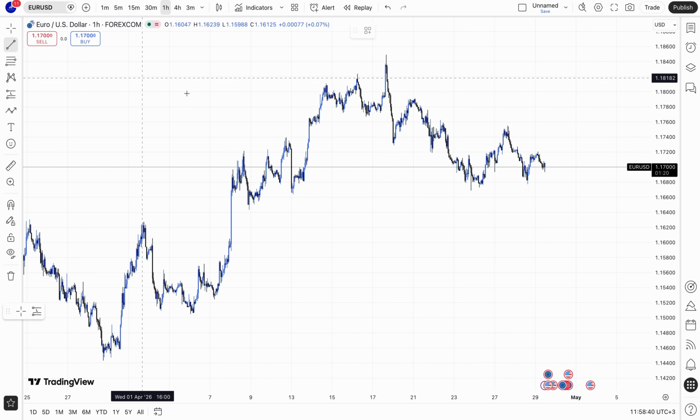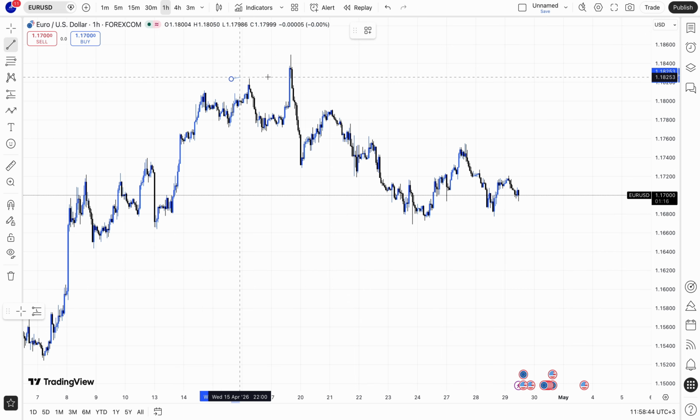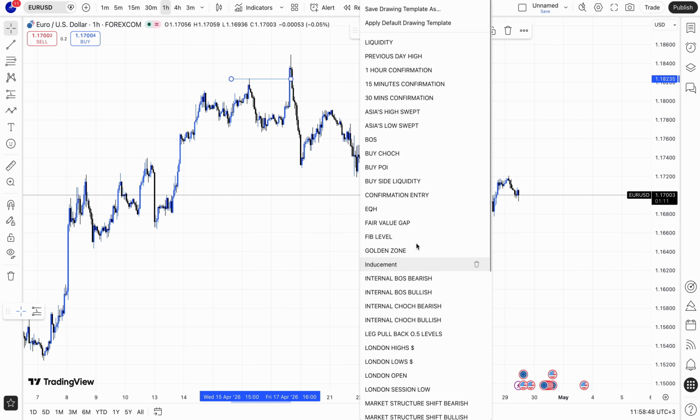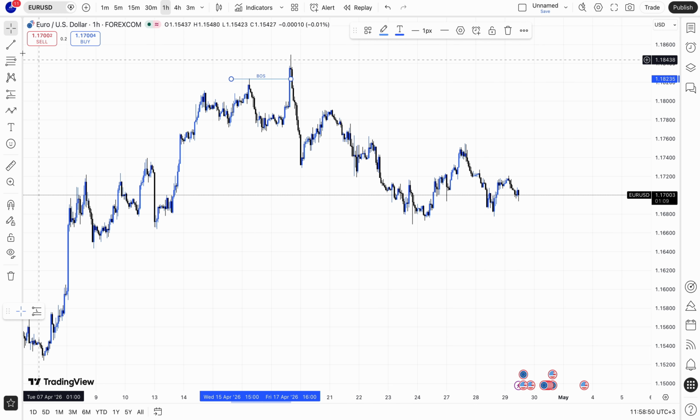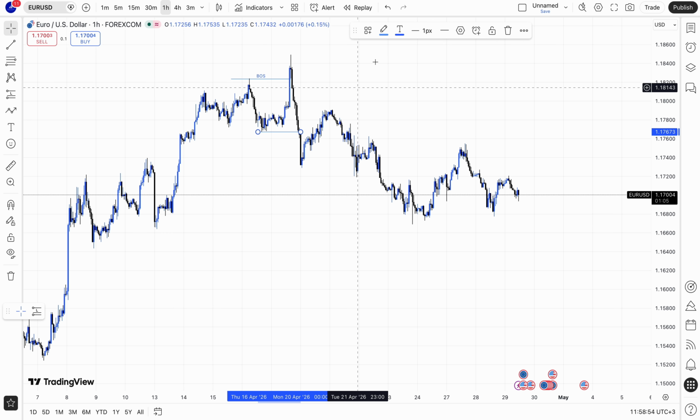First and foremost is always external market structure. From here, we had our break of structure to the upside. Then we had our break of structure to the downside.